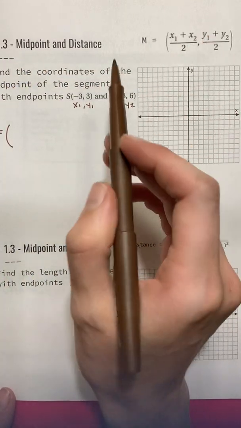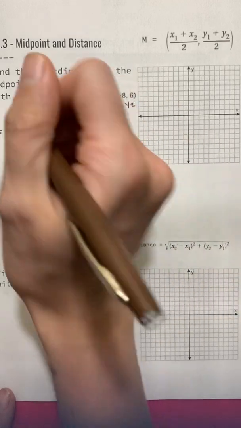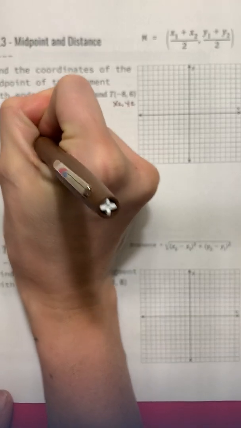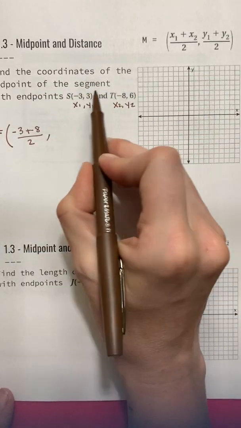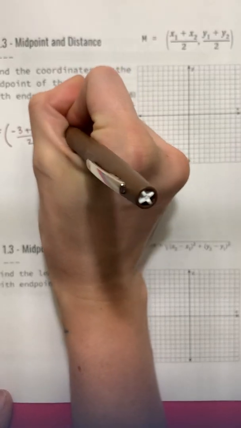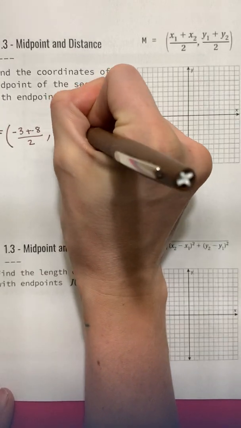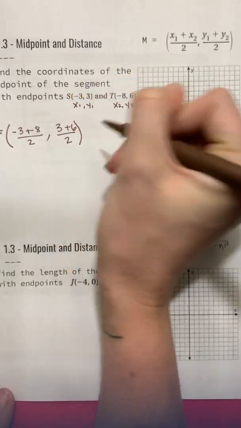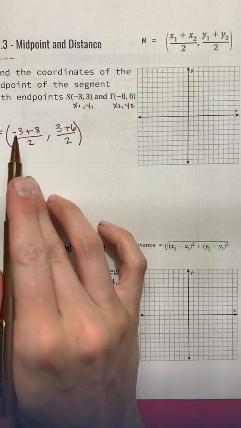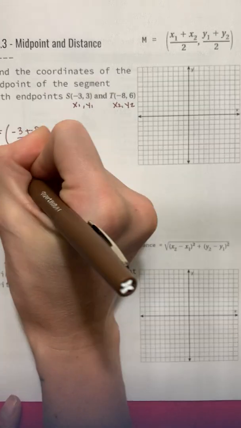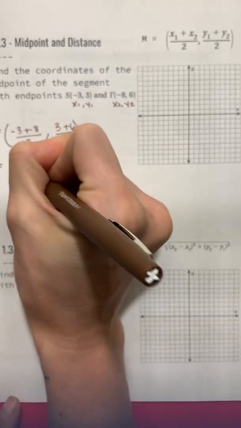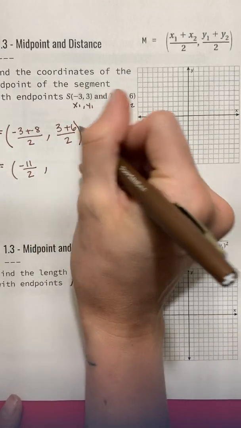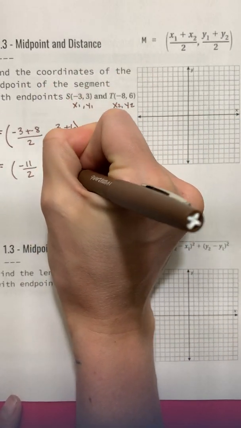Okay, so that when I go and plug it in the formula, x1 plus x2 is going to be -3 and -8 over 2. And then y1, y2 is going to be 3 plus 6 divided by 2. -3 plus -8 is going to give me -11 over 2. 3 and 6 gives me 9 over 2.